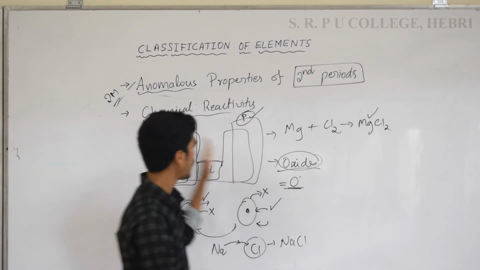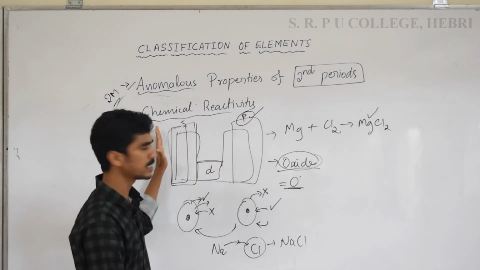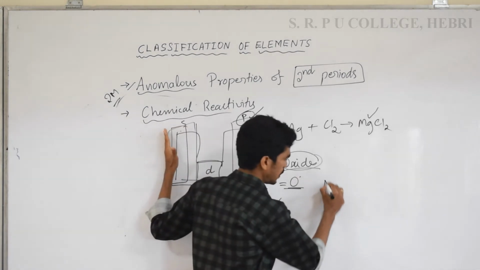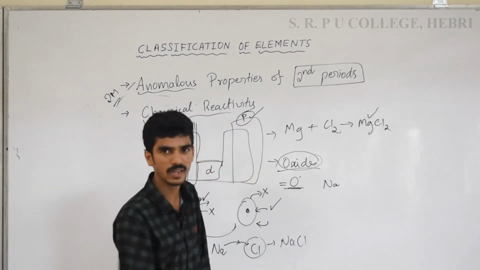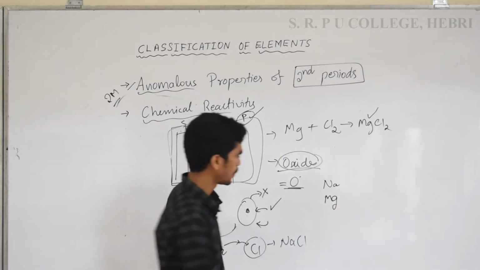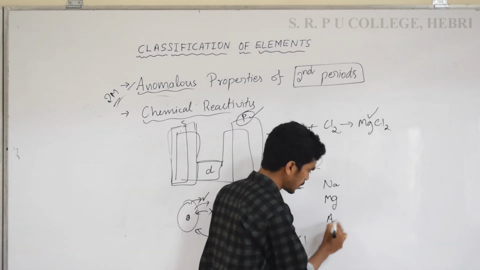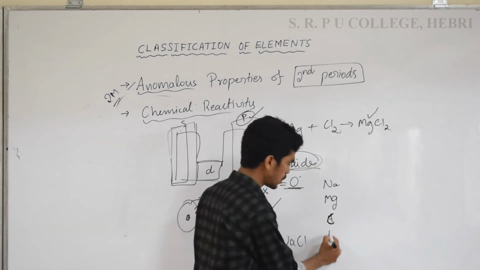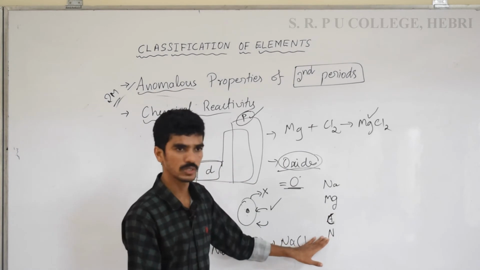It can combine with the elements present in the periodic table. For example, it can combine with sodium, it can react with magnesium, or it can also react with carbon and also react with nitrogen.